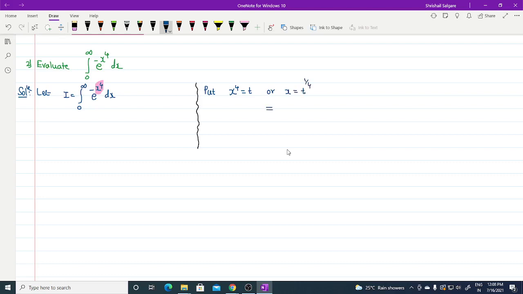Now differentiate this, you will get dx is equal to 1 by 4 into t raised to 1 by 4 minus 1 dt, by using the x raised to n formula.